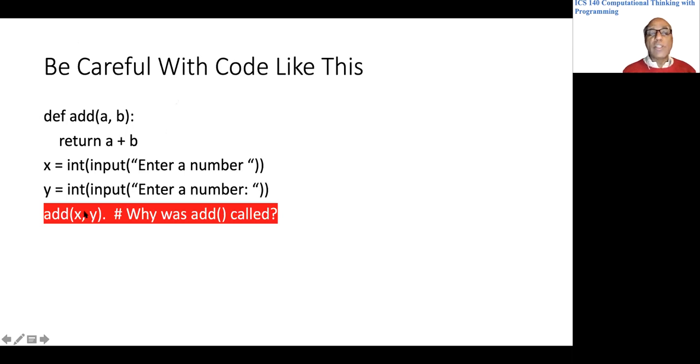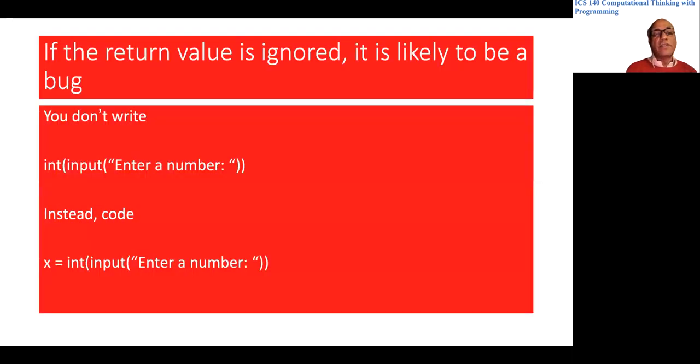So I won't say this is absolutely wrong, because add might do other things. In this case, it doesn't, but a function could do other things, and then that would be probably useful. For example, here, the input function at least makes the program wait and display this message.